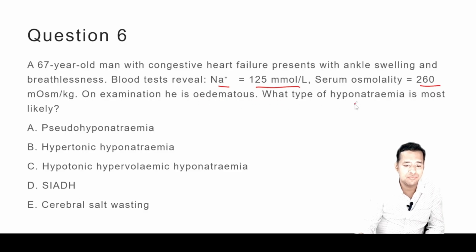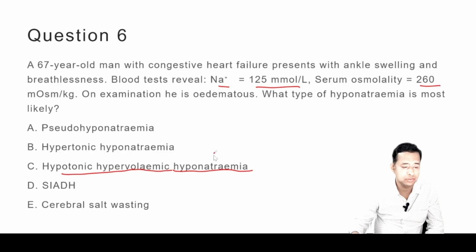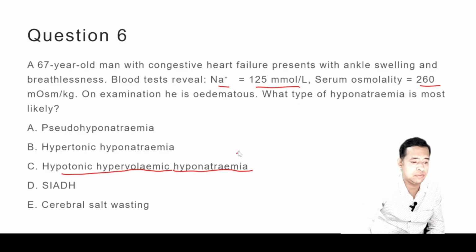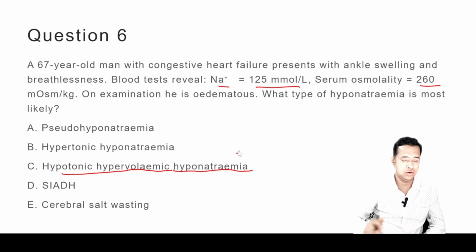What type of hyponatremia is this? Edematous means there is water retention. So ultimately, the answer is hypotonic, hypervolemic hyponatremia due to water retention, and there is heart failure also. So you have to know dilution of sodium.